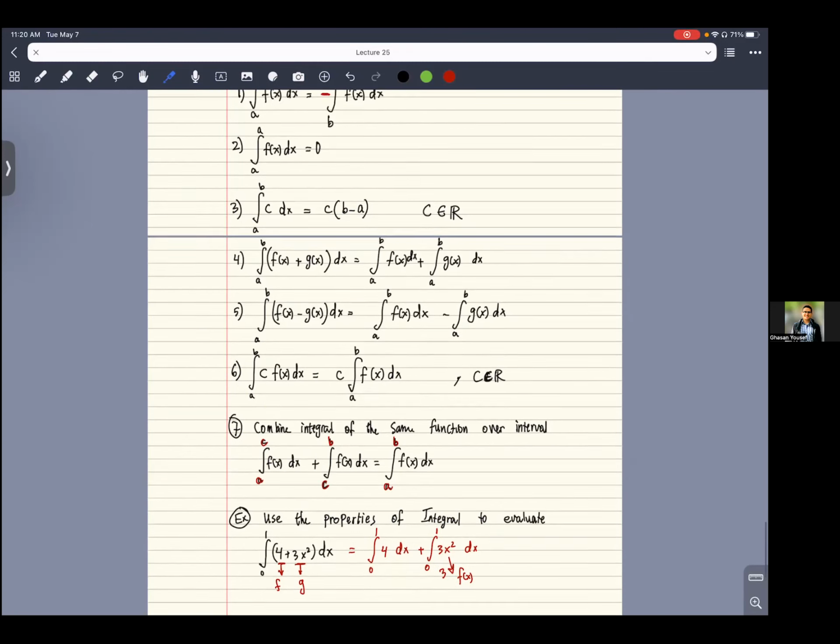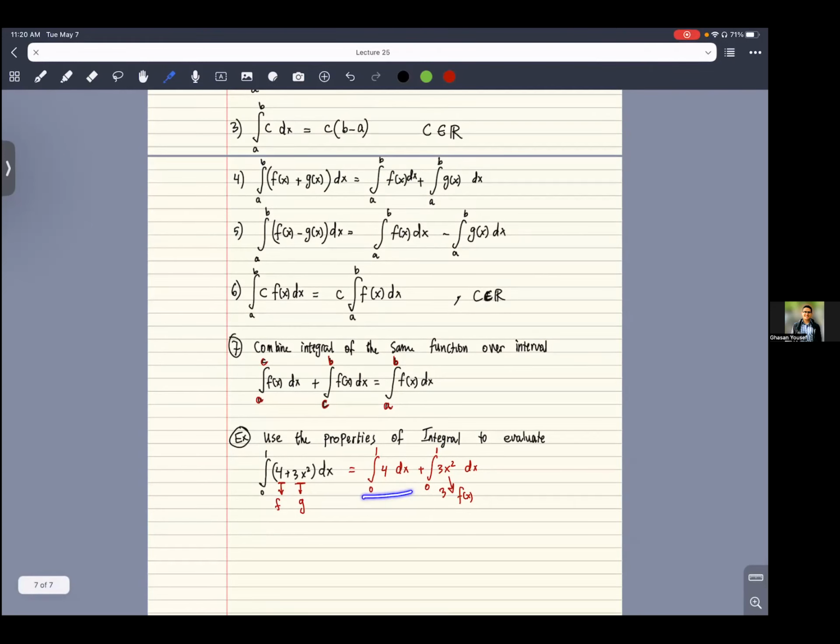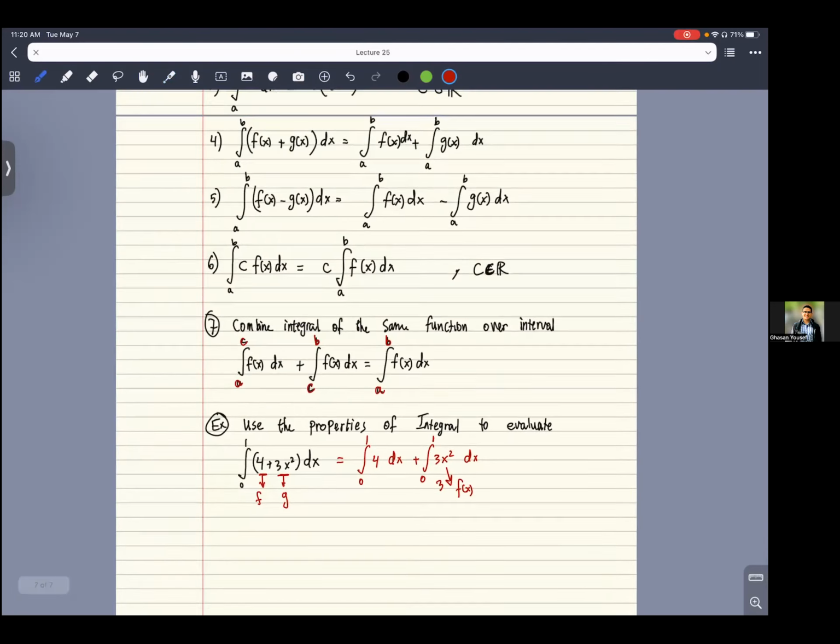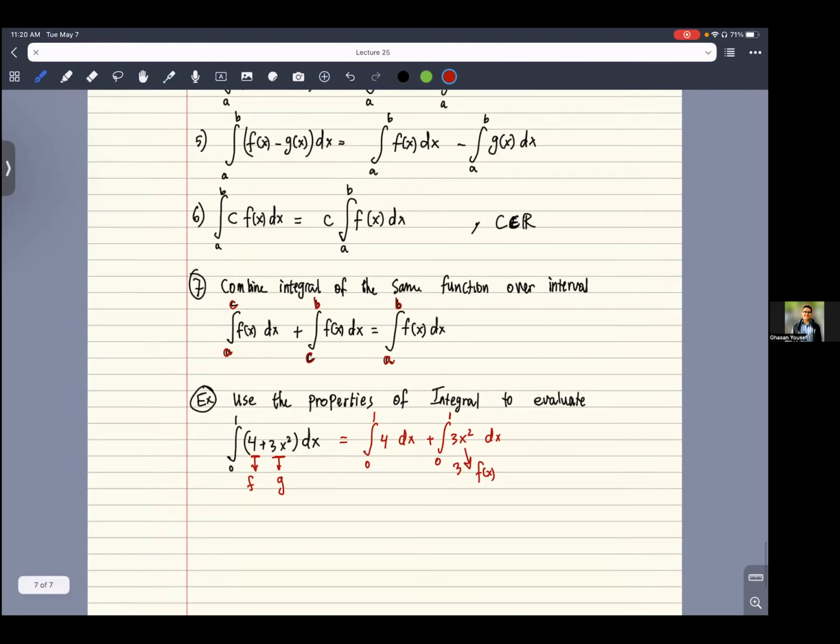Okay, what's the value of the integral for the first one? What's the value here? 4 times what? 1 minus 0. Correct, it's 4.